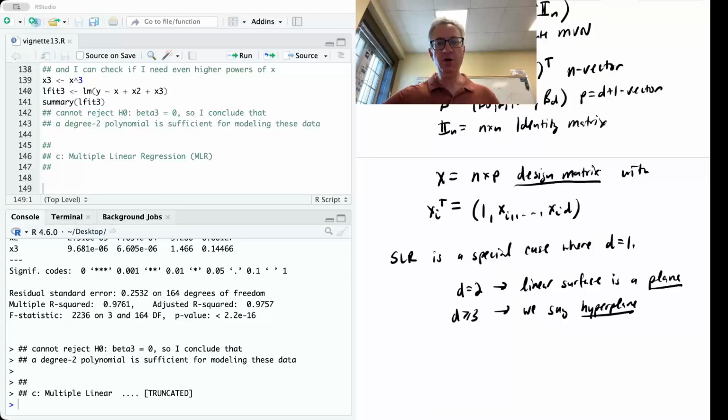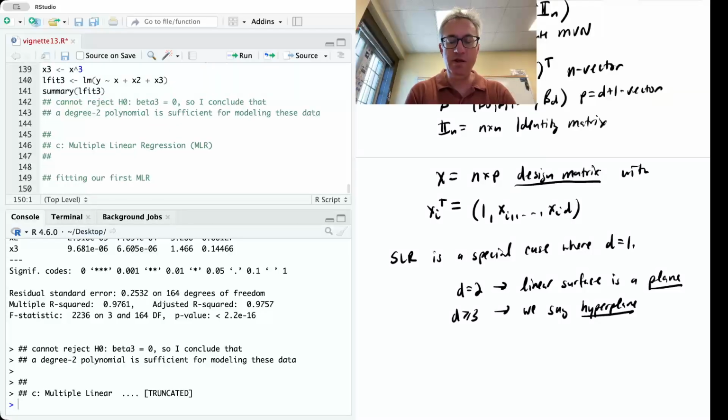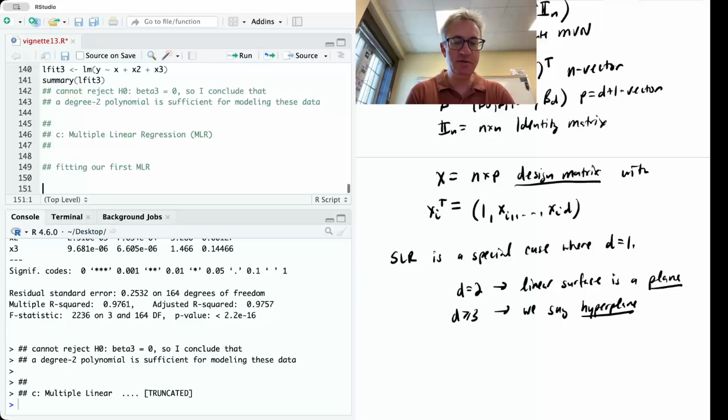Okay, I want to go to R just very briefly here to kind of keep our running example going, in particular to show you what the design matrix looks like. So fitting our first MLR, what we need is to create this design matrix.